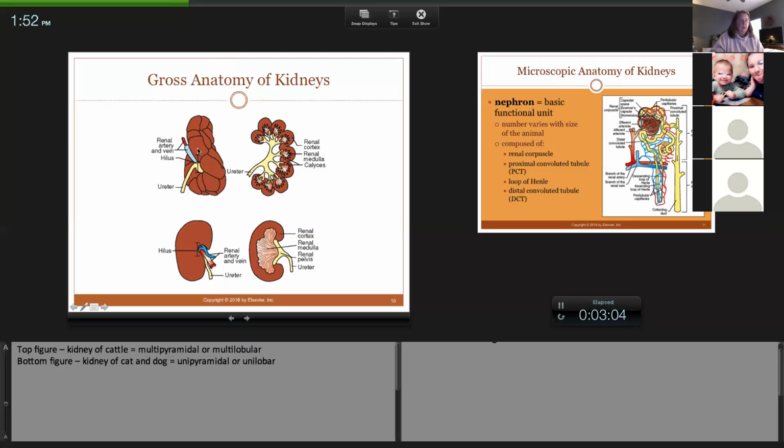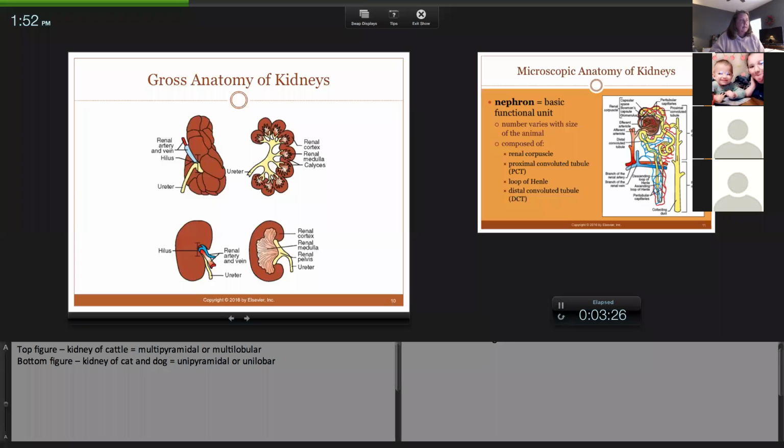This is a normal kidney. Now, if you opened up your cat during dissection and saw this, that's highly abnormal. A dog and a cat kidney look fairly the same, and it should be smooth and not have this bumpy lobular appearance, but this would be normal for a cow.